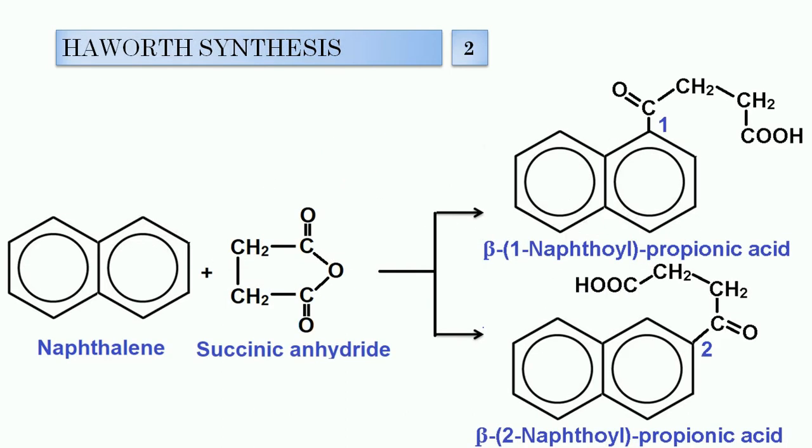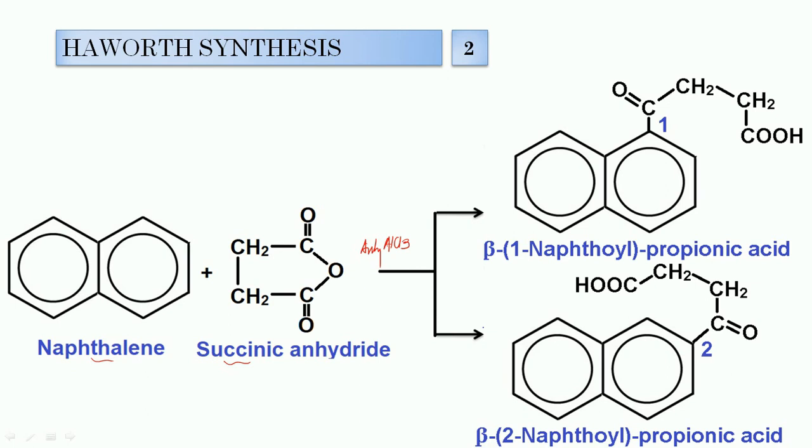Then next is Haworth synthesis. This method involves Friedel-Crafts reaction of naphthalene to get a mixture of 2 isomeric keto acids. So let us see these reactions. Naphthalene and succinic anhydride in the presence of anhydrous aluminium trichloride form these 2 isomers of keto acid.